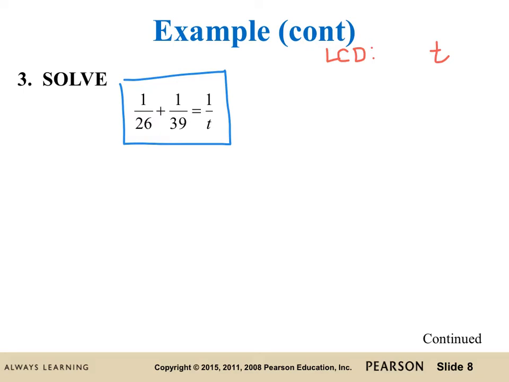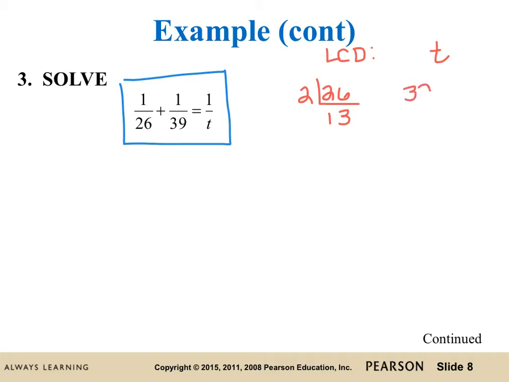And the way we do that is we take 26 and we break it down into its prime factors. It's even, so we have 2 times 13, and 13 is prime. So those are the two prime factors of 26.